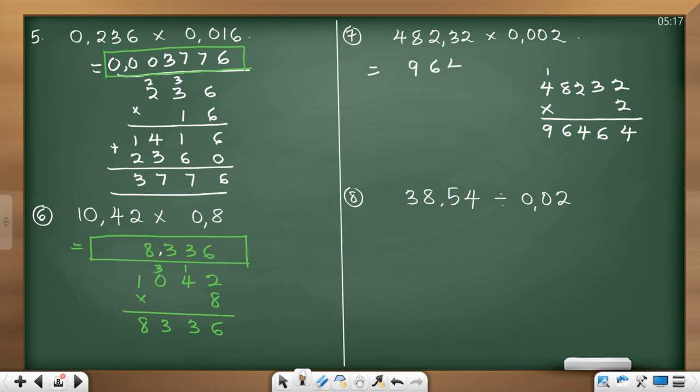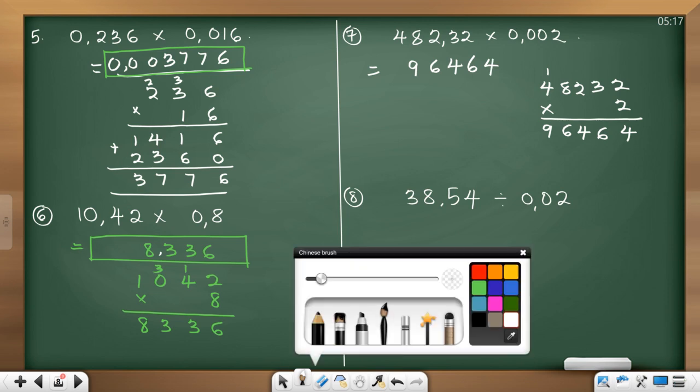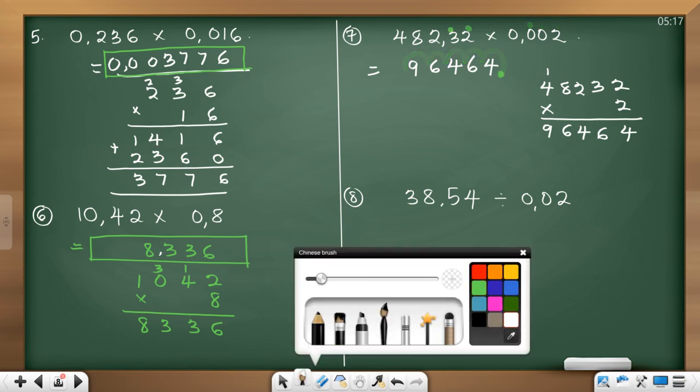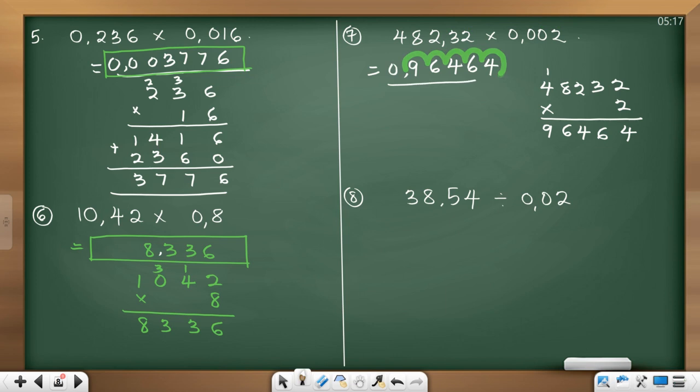So I have 9, 6, 4, 6, 4. There are 5 decimals, I think. 1, 2, 3, 4, 5. So I count from the right hand side. 1, 2, 3, 4, 5. Perfect. So what do I have? 0, 9, and I'm done there. It's important to show this working. Please show this working in your paper.